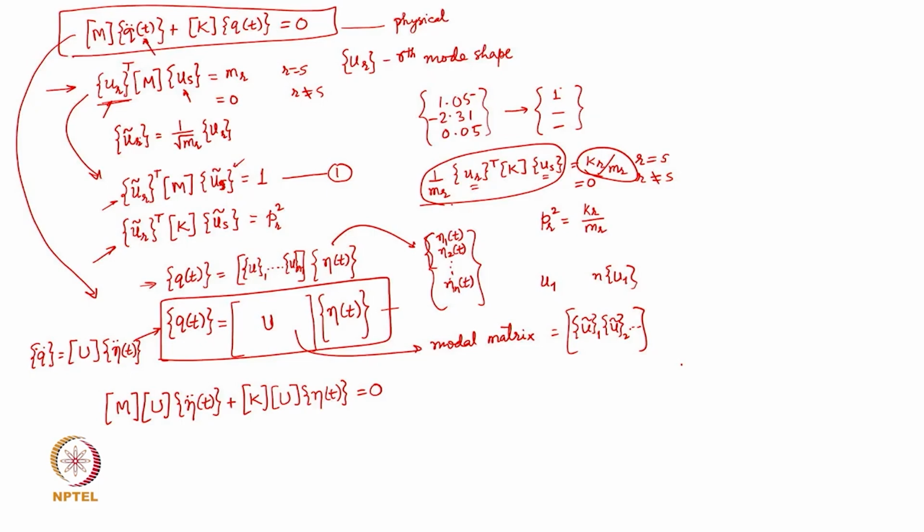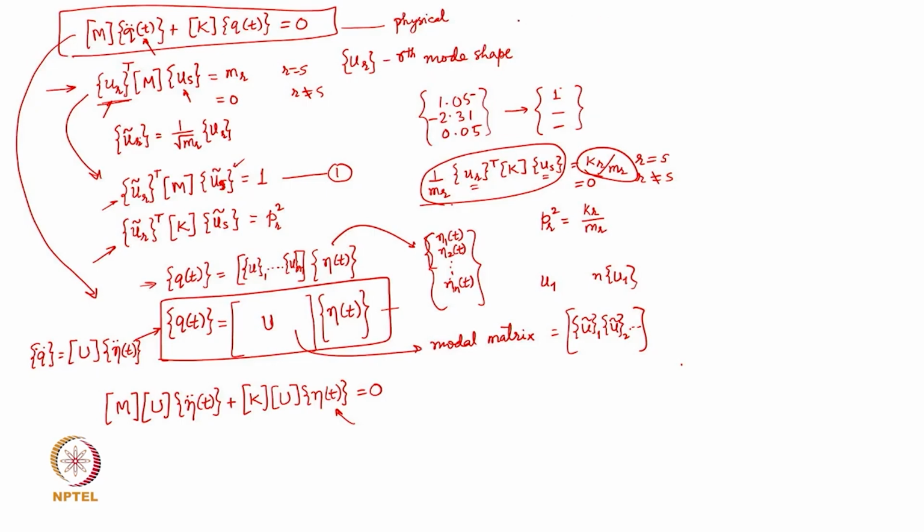Okay, this is the actual physical response of the system, transformed to the coordinates which are the principal coordinates. So, they are not the physical coordinates, they are principal coordinates, and the equation of motion is now transformed into this equation of motion. Now, why are we doing all this?